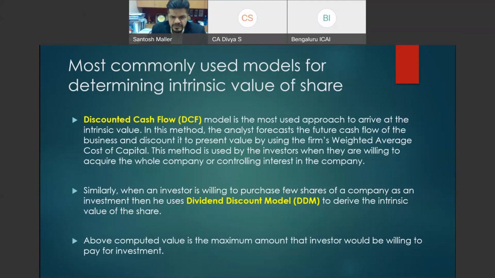This method is used by investors when they are willing to acquire the whole company or a controlling interest. Similarly, when an investor is willing to purchase a few shares of a company as an investment, he uses the dividend discount method to determine the intrinsic value of the shares. The computed value is the maximum amount that an investor would be willing to pay for the share.